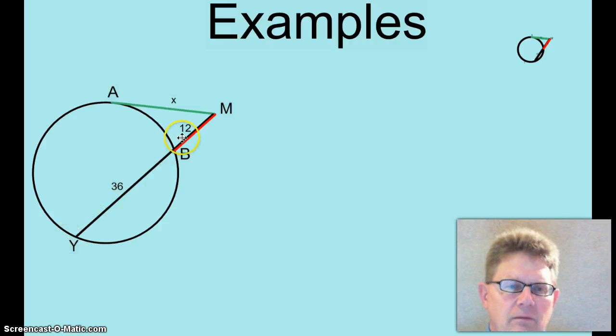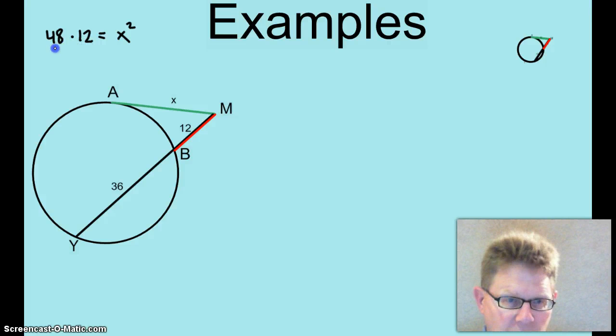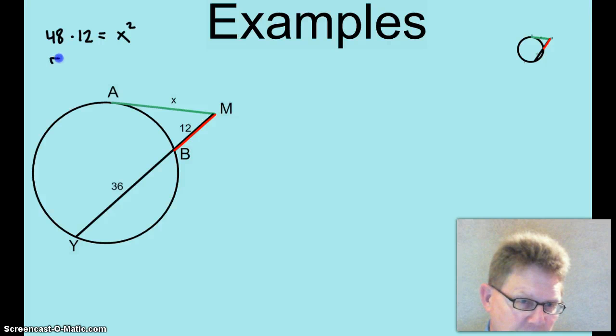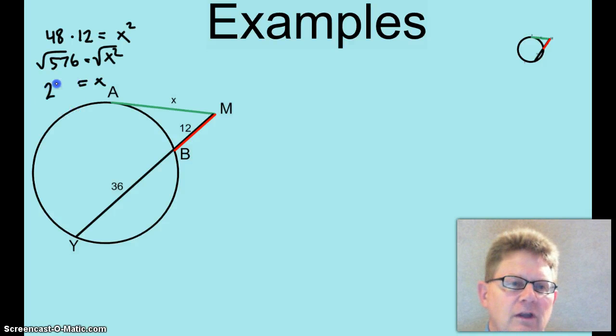The whole secant segment is 48 times the outside part, 12, equals x squared. 48 times 12 is going to be 576, equals x squared. Take the square root of both sides, and x could be plus or minus 24, but a minus 24 makes no sense in this context, so x has to equal 24.